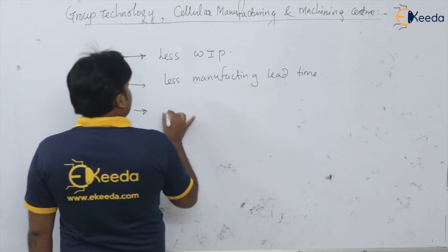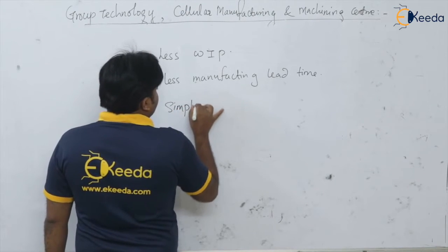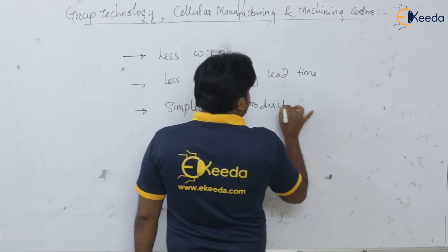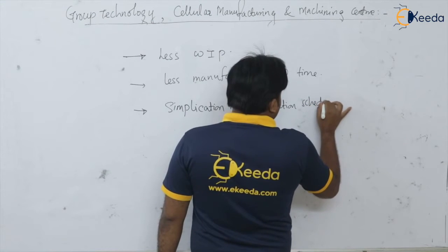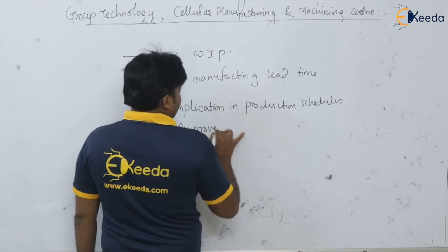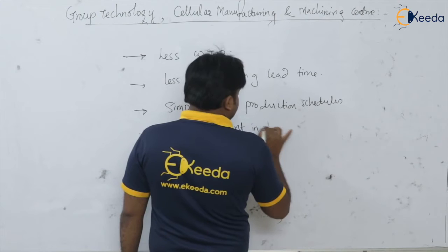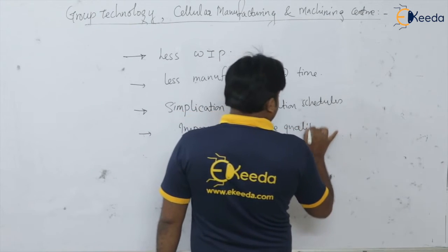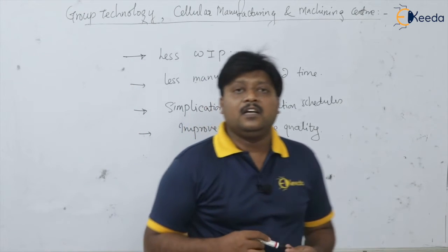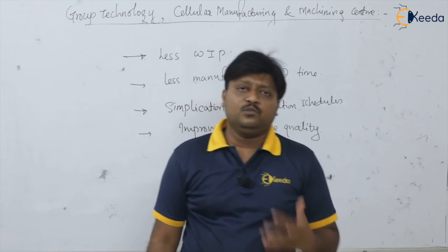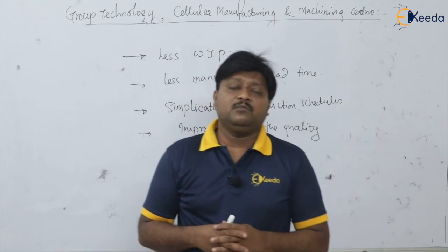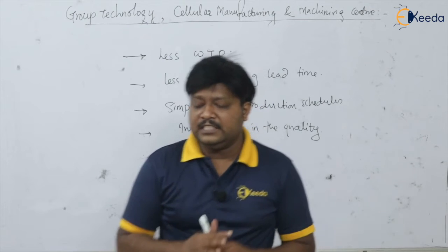Then there is simplification in production schedules, and improvement in the quality. So these are the benefits that generally we are getting from this group technology. Same benefits we are getting in case of the cellular manufacturing or flexible manufacturing cell. So this is the cellular manufacturing.